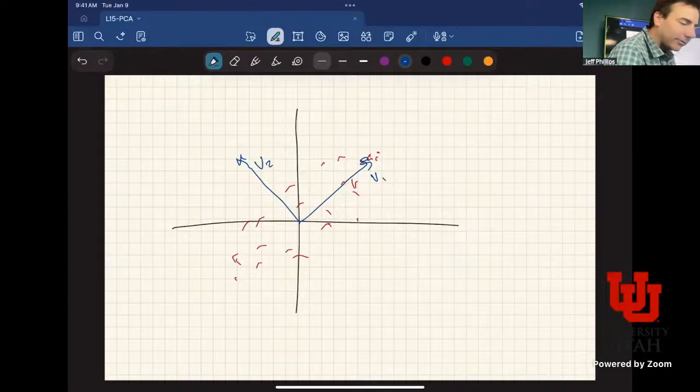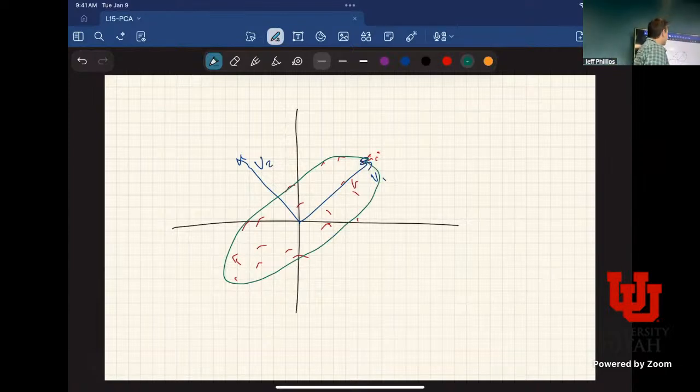And it's kind of defining some elliptical structure that is fitting the data. And I'm scaling the ellipse. The amount I scale the ellipse, the length of this is basically sigma 1. And this scale is basically sigma 2. And coming out of the board, which will be shorter, is sigma 3 and so forth.